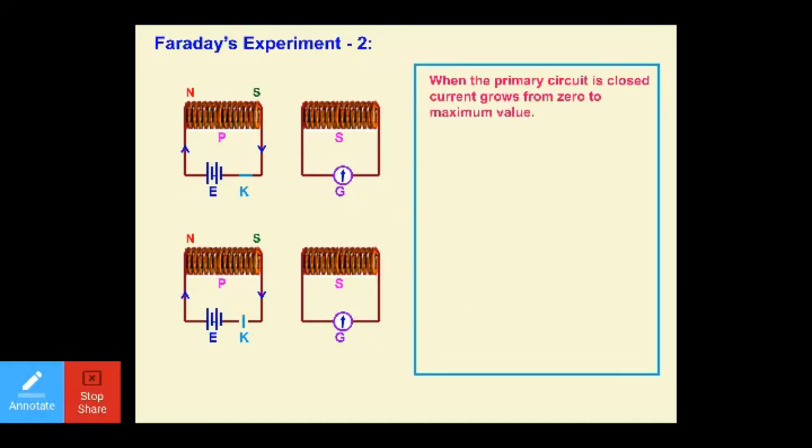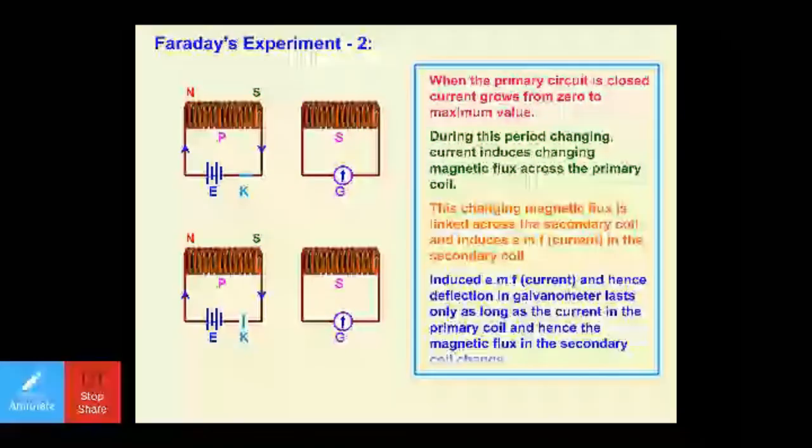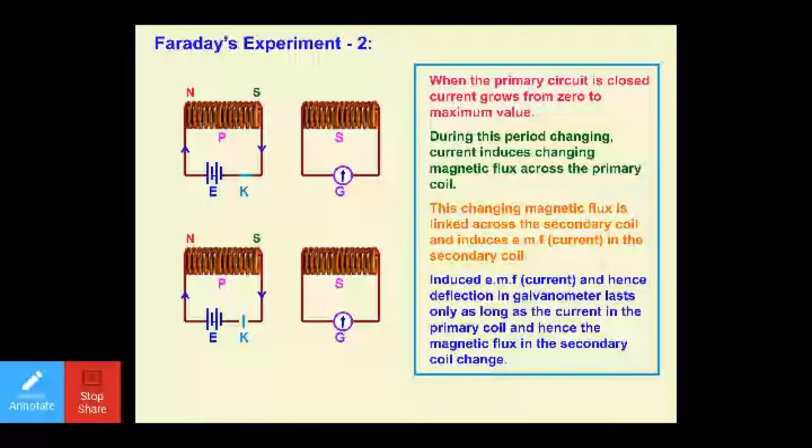Furthermore, let me take you to the points again. This is what we were discussing. The changing magnetic flux linked across the secondary coil, and hence induced EMF and current, is found in the secondary coil. Furthermore, induced EMF and hence deflection in the galvanometer last only as long as the current in the primary coil, and hence the magnetic flux in the secondary coil, changes.